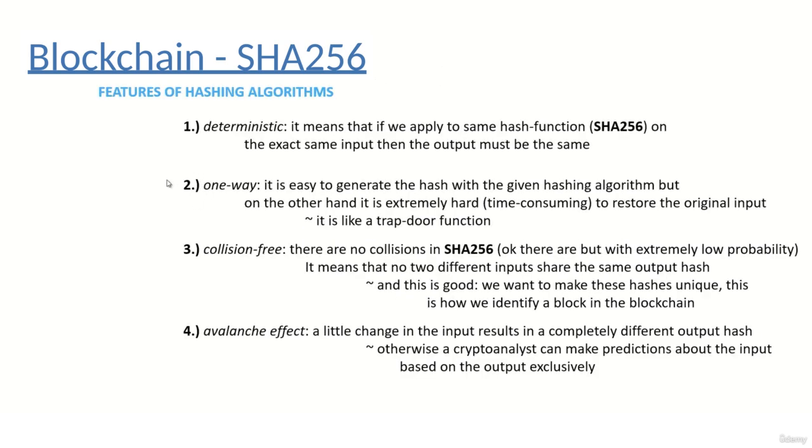This is the second feature, and it is very similar to trapdoor functions in cryptography. Then it must be collision-free, which means that there are no collisions in the SHA-256 algorithm. Okay, there are, but with extremely low probability. So basically, we can say that there are no collisions, which means that no two different inputs share the same output hash.